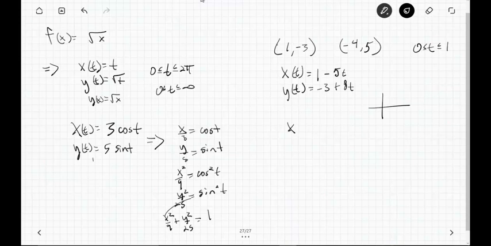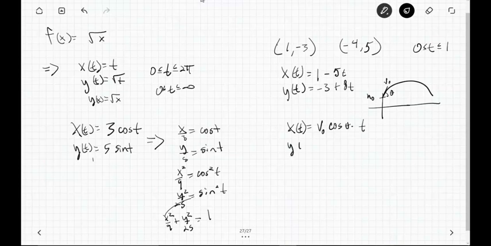Remember, if I launch a projectile, motion is another way to say it, like if I throw a football with an initial height of h naught and an angle to the horizontal of theta, and with an initial velocity of v naught. Remember, x of t is equal to v naught cosine theta times t. Remember that?